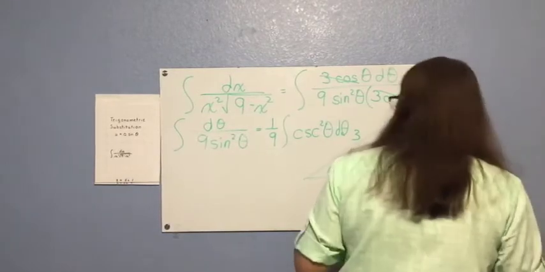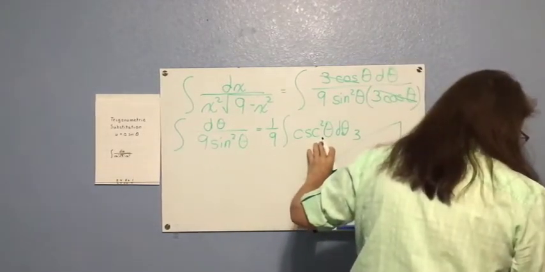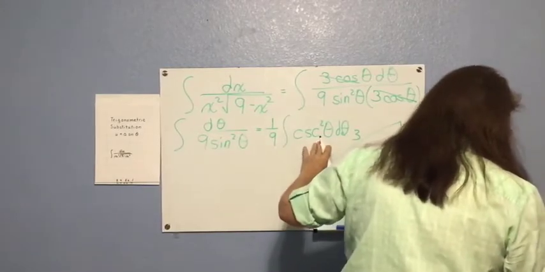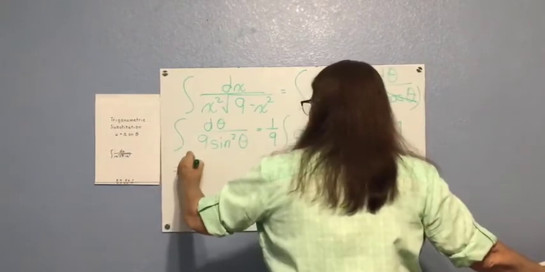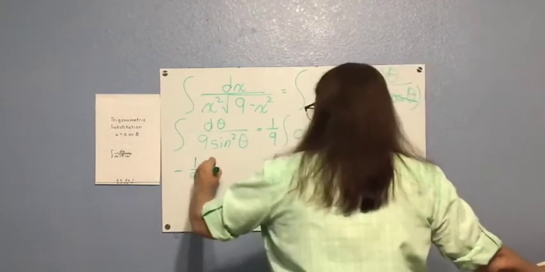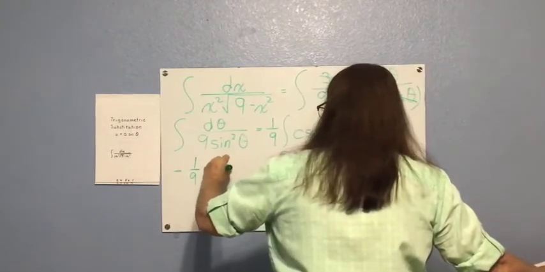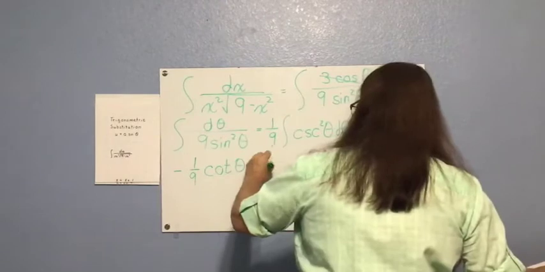And then the integral of cosecant squared is negative cotangent. I take negative 1/9 cotangent theta plus a constant.